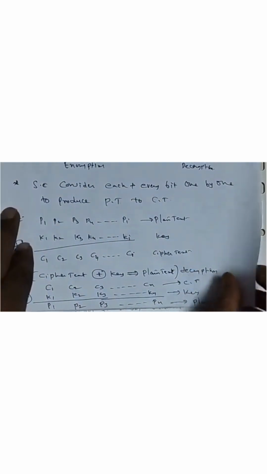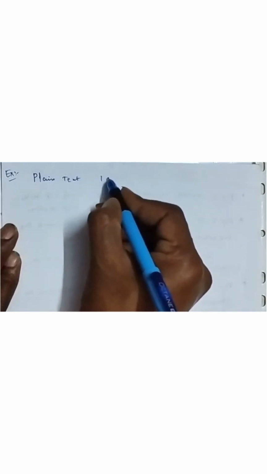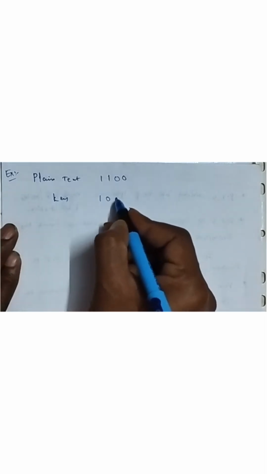We will see it with an example. For example, I am taking the plain text 1100 and the key 1011.